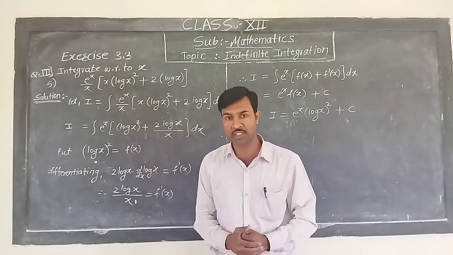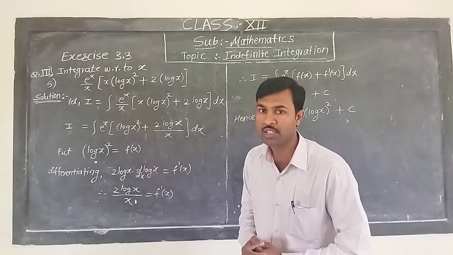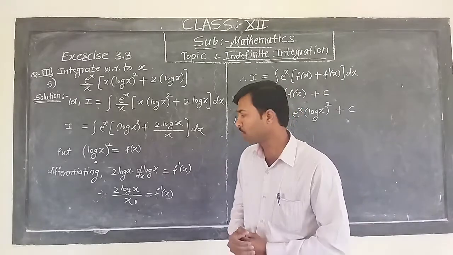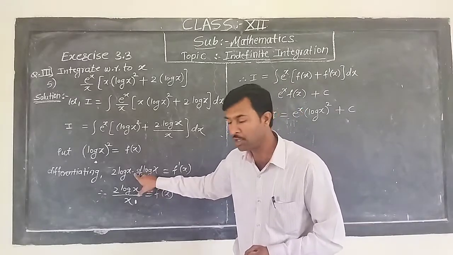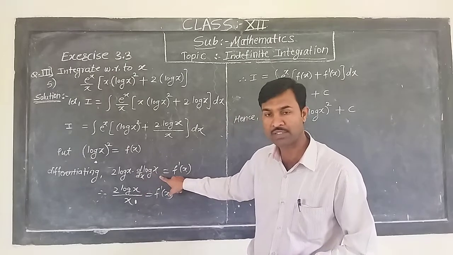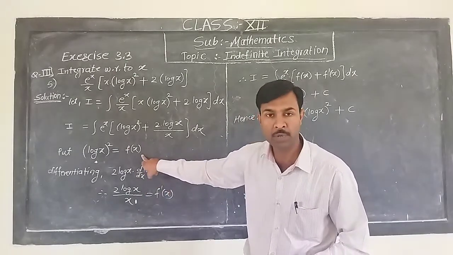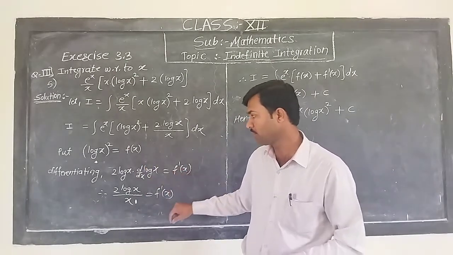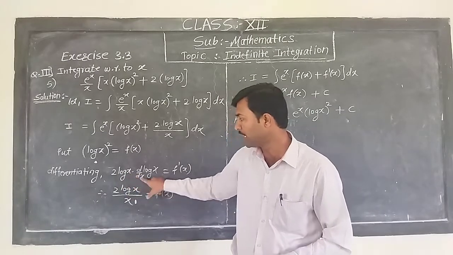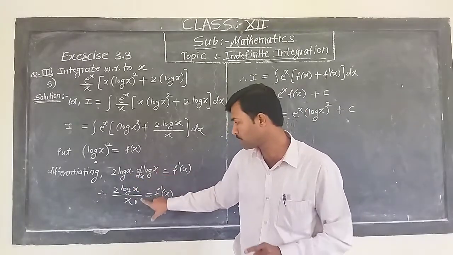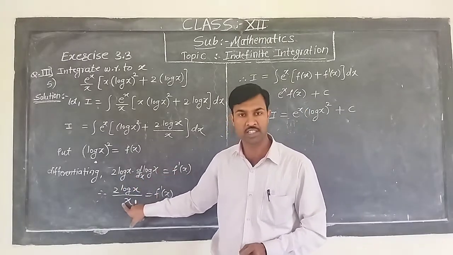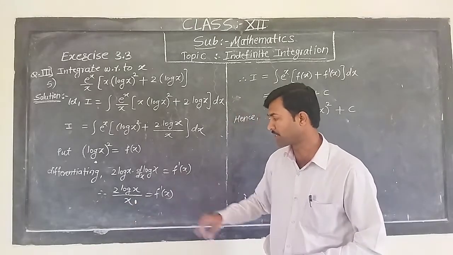It is a composite function, so in multiplication we have to take the derivative of log x. It is equal to the derivative of f of x, which is f dash x. Now 2 log x into the derivative of log x, which is 1 upon x, so in the denominator I write x here. It is equal to f dash x.